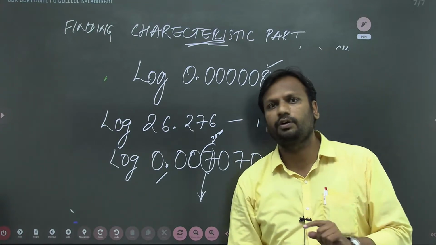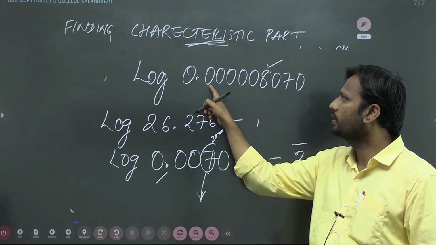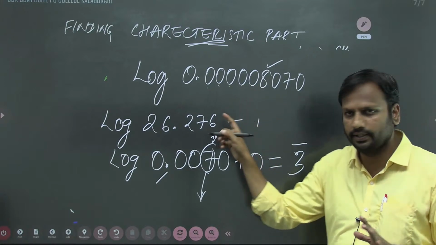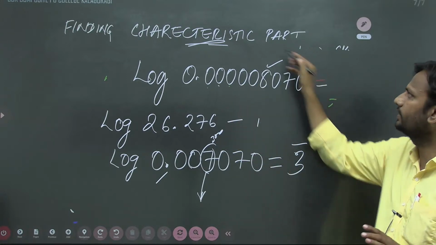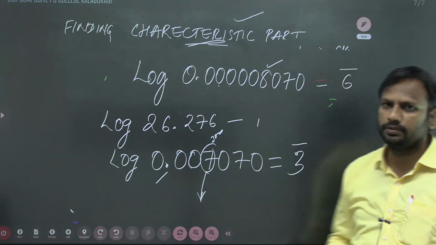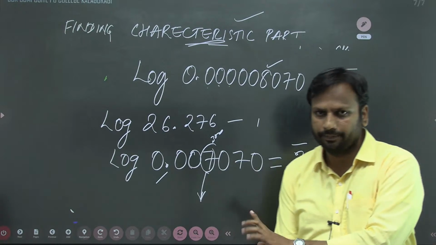See the position of it after the decimal point. After the decimal point, the position of it is 1, 2, 3, 4, 5, 6. Sixth position it is there. So what should you write as the characteristic part? 6 bar you should mention. 6 bar. Why should you write 6 bar? I told you that, right?